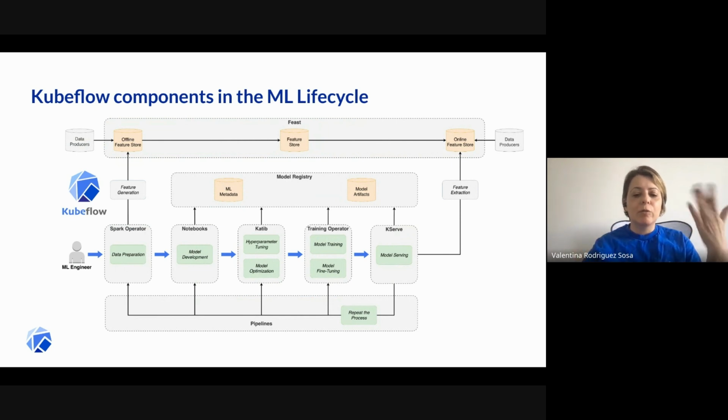And this will go, of course, into a repeated process. But this is thanks to the training operator that I mentioned for the next release. We will have a Trainer operator 2.0. And then once you want to serve the model, you can do this with KServe. So as you can see, we provide an end-to-end life cycle for ML and AI applications.